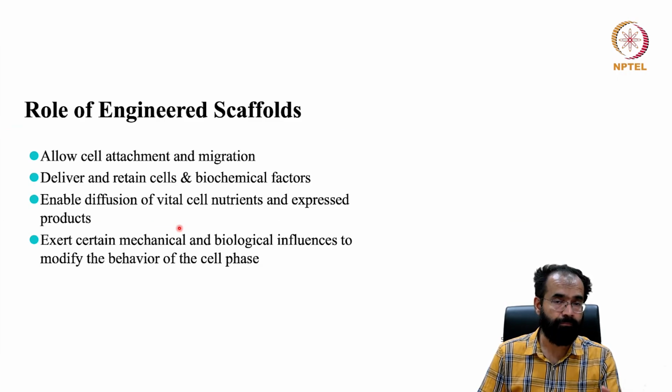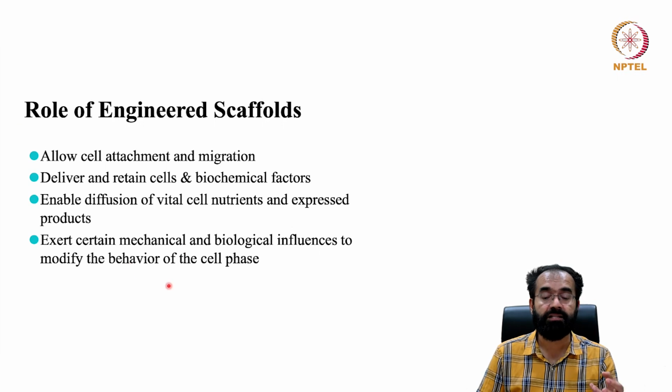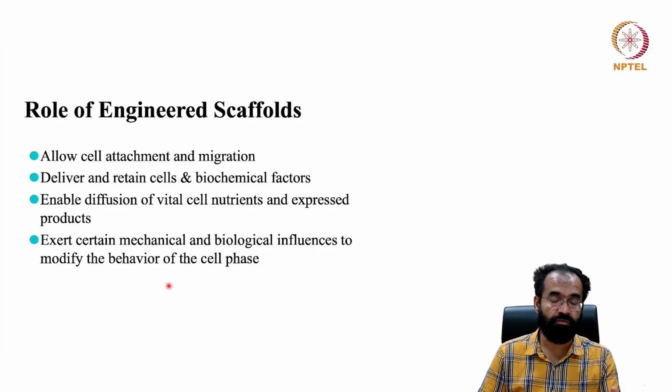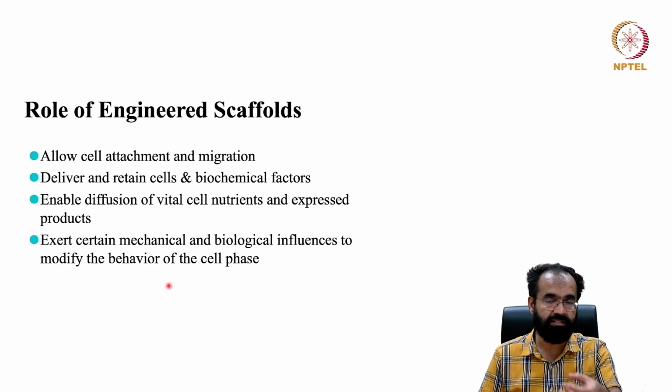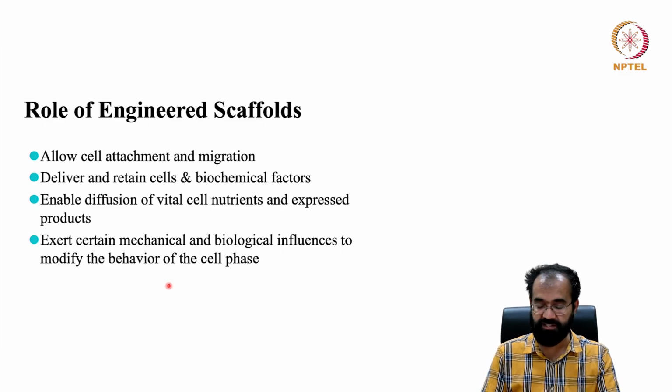These are the minimum required qualities of a scaffold. They also exert certain mechanical and biological influences to modify the behavior of the cell phase, whether it is in a reprogrammed phase, proliferating phase, or a differentiated phase, etc.